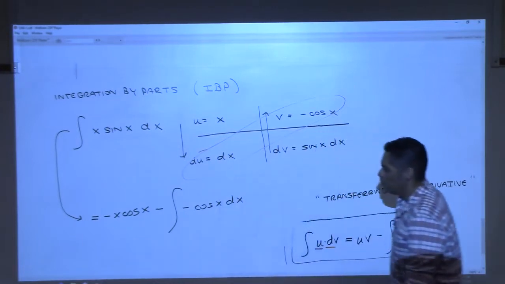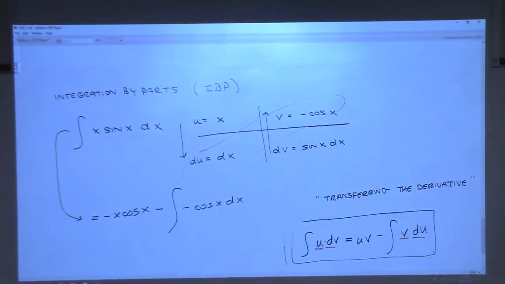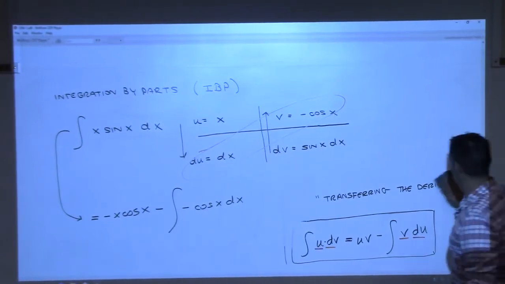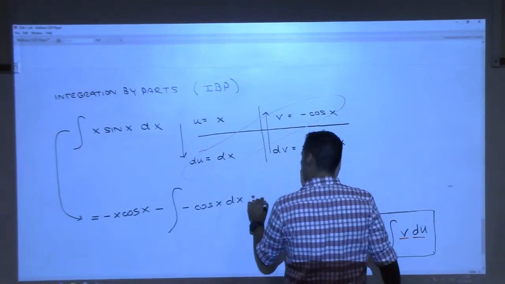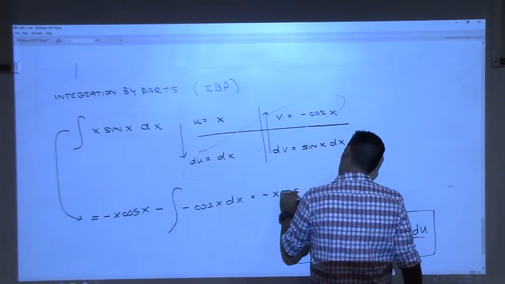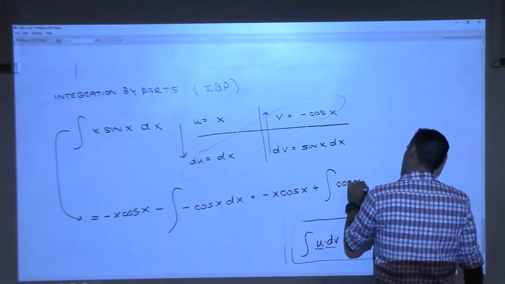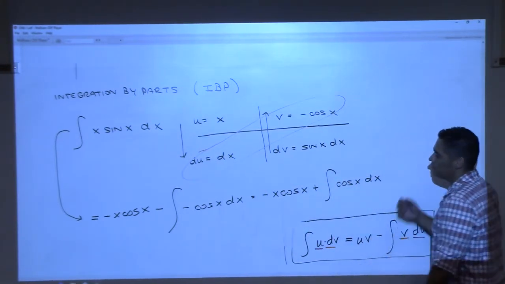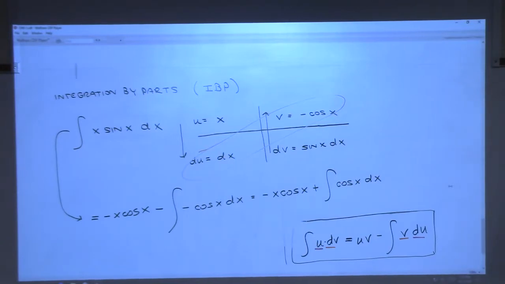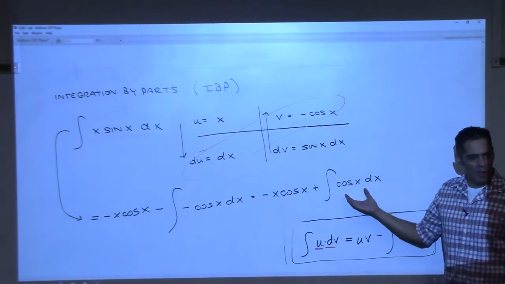Now, what do you think I'm going to do with that negative that was inside that integral? I'm going to take it out, and that negative that was already out there is just going to become a plus, yeah? So we get negative x cosine x plus the antiderivative of cosine x dx. And see, this integral I'm comfortable with.